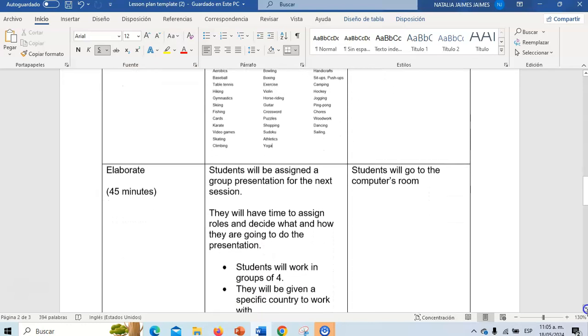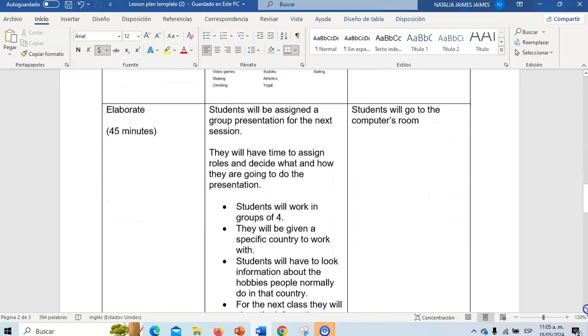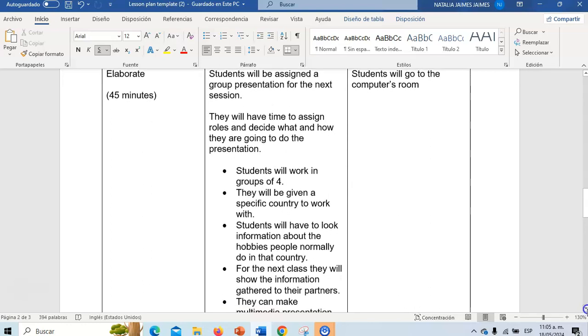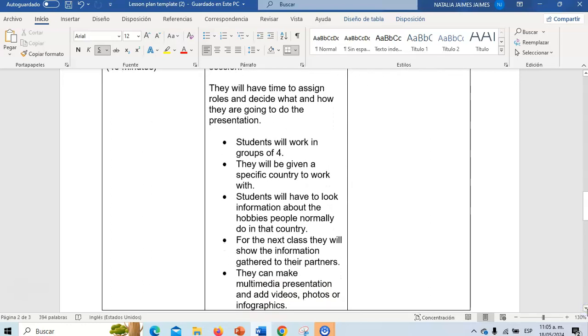For the elaborate part of the lesson plan, I will ask my students to work in groups of 4, as they are 36, and I will take my students to the computer room. They will have enough time to look for information about one specific country that I will assign to each group.